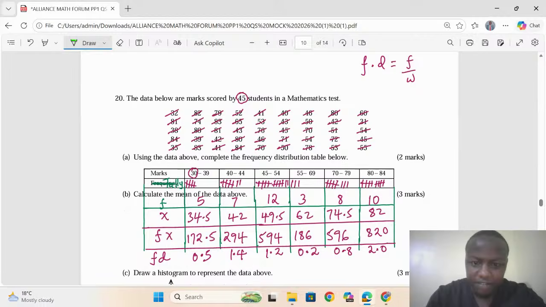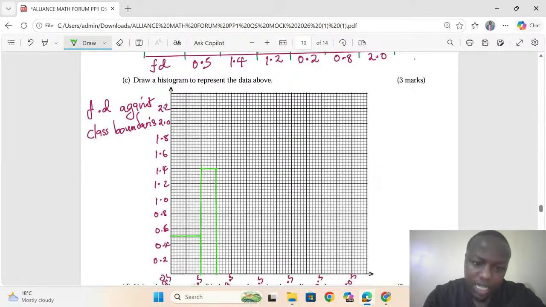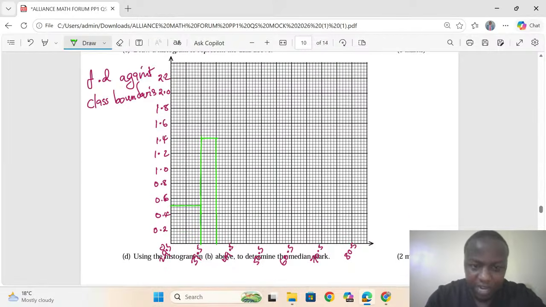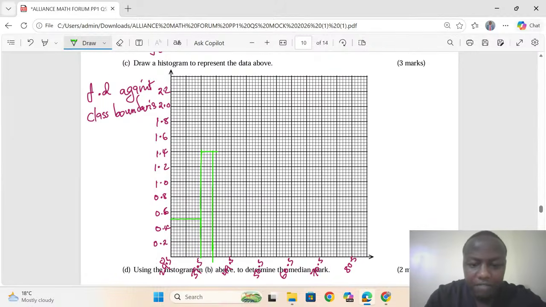Actually, the other one was 44.5, not 45. The other one is up to 54.5, and the height is 1.2, like that.